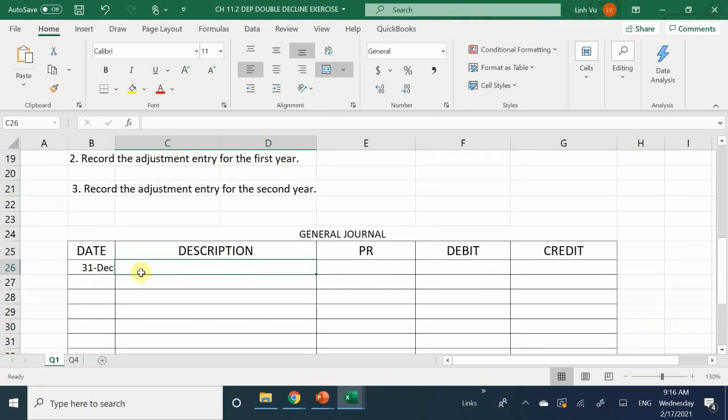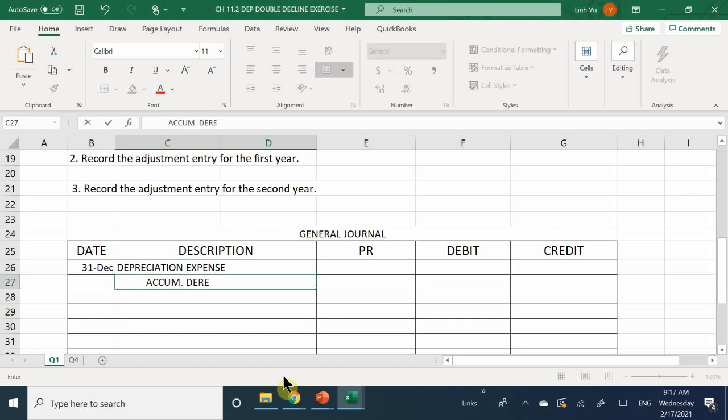Depreciation expense, and accumulated depreciation, accum for short.